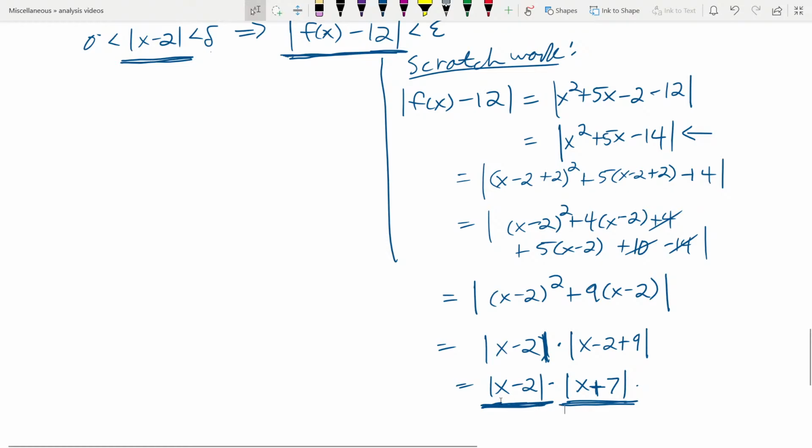But the point is, we're not allowed to just set this less than or equal to |x + 7| times delta, and then that's equal to epsilon, so delta equals epsilon over |x + 7|. That doesn't work because delta is not allowed to depend on x.